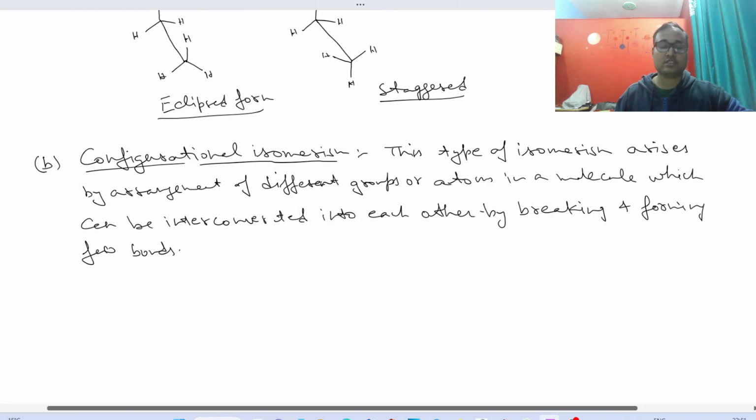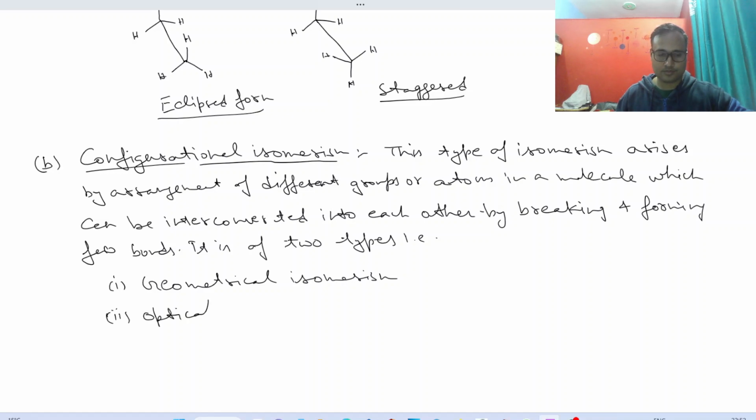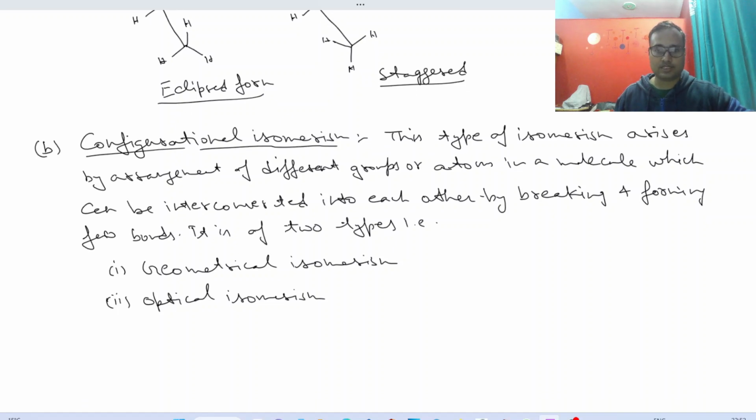This is of further two types: first is geometrical isomerism and second is optical isomerism.